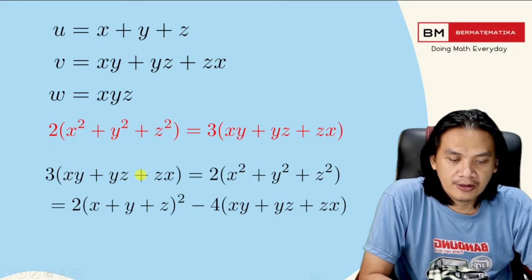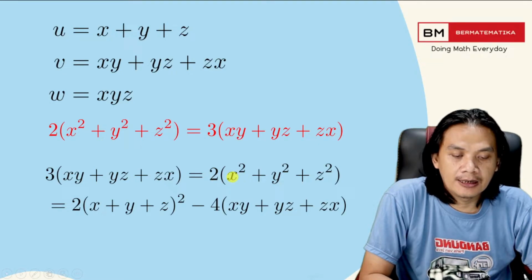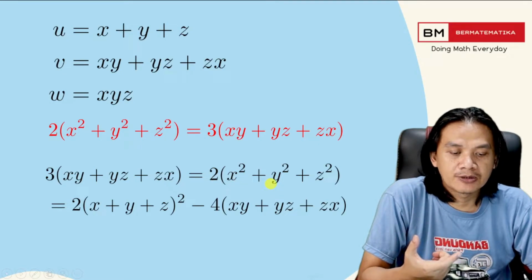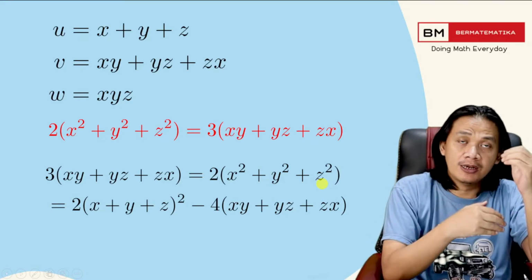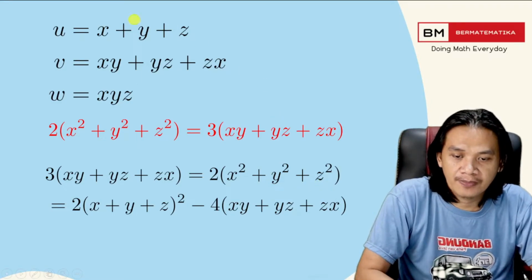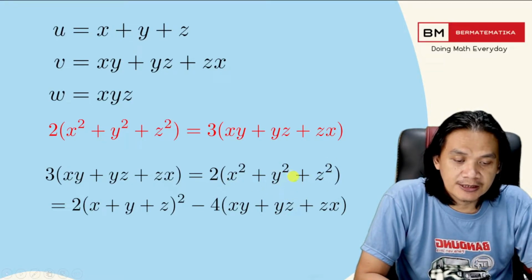Then we can rewrite x squared plus y squared plus z squared as (x plus y plus z) squared minus twice v. So if we multiply this expression by 2, we get the following.